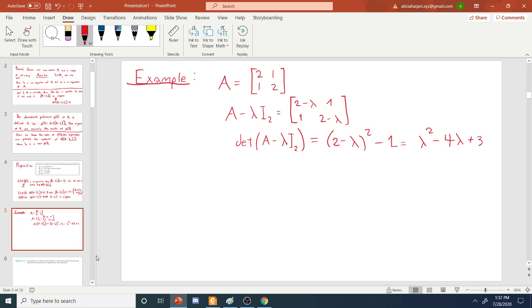Now, here's what we know. This right here is p lambda, and the roots of p lambda are given by the quadratic formula.